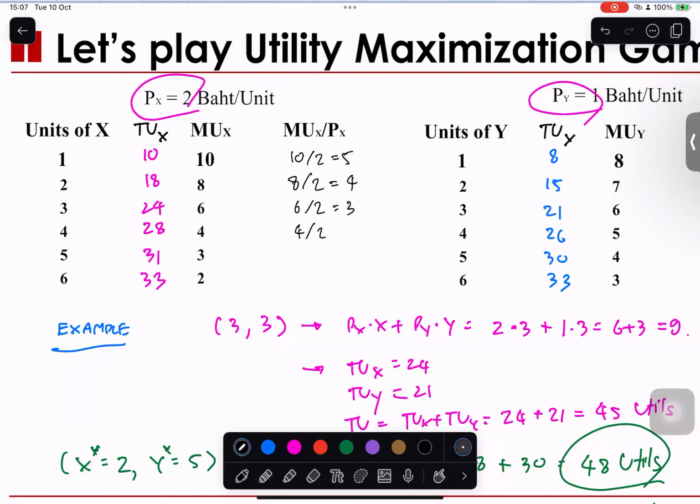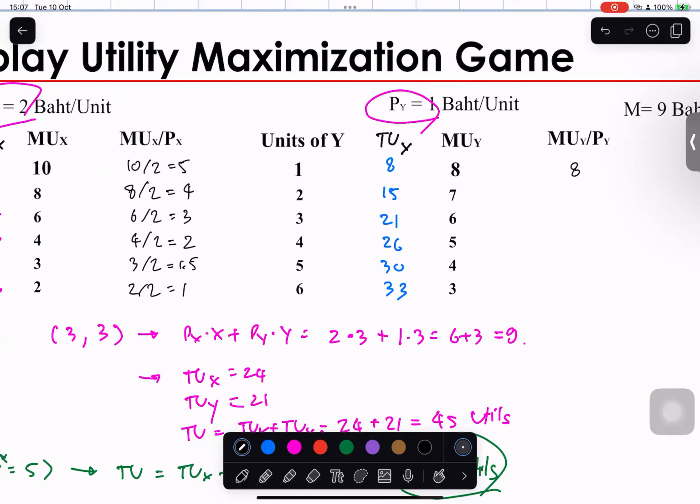MU over P for good X. MU over P for good Y is so easy because the price of good Y is 1 baht. So same number. All right. MU over P.